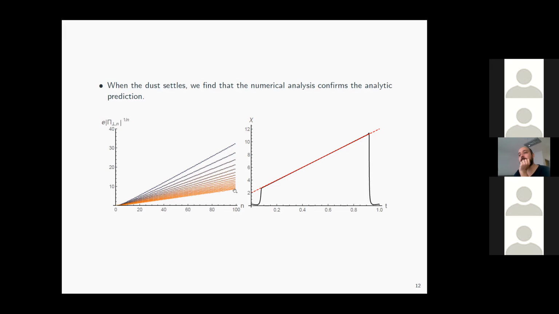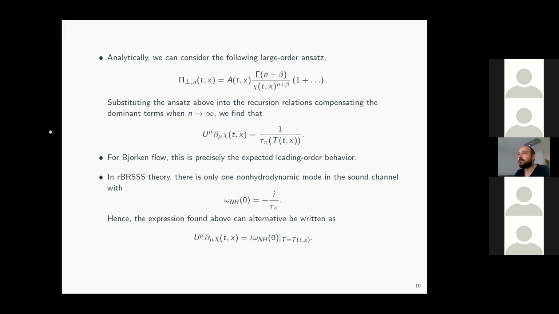What we see, first of all, is that for a given time we get a linearly rising behavior in this curve, which translates directly to a factorially growing behavior for the coefficients of the gradient expansion. Furthermore, as time goes by, the slope becomes smaller. If this ansatz were correct, the slope would be given in terms of the smallest chi function present in your solution.